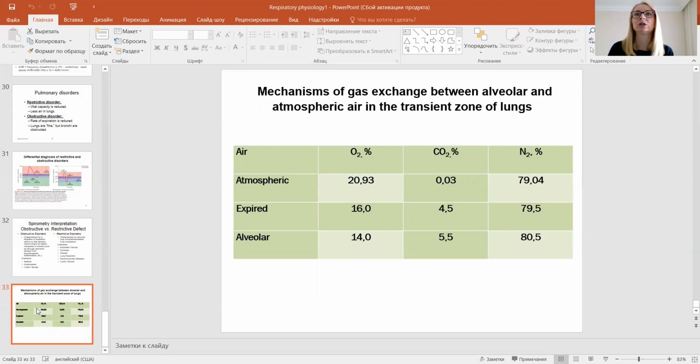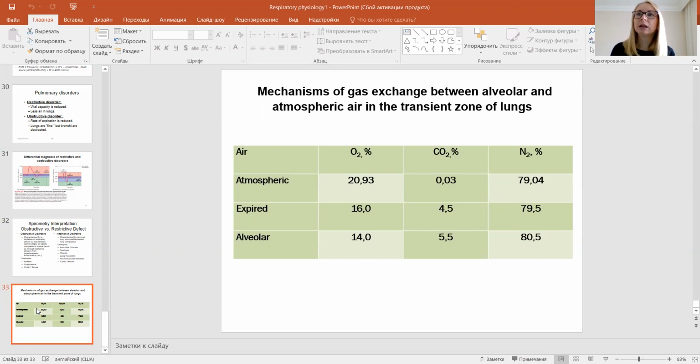The calculations show that the first air portion reaches the 17th bronchial generation in 0.9 seconds, the 20th bronchial generation in 2.1 seconds, and the 23rd bronchial generation only in 6.7 seconds during calm breathing.